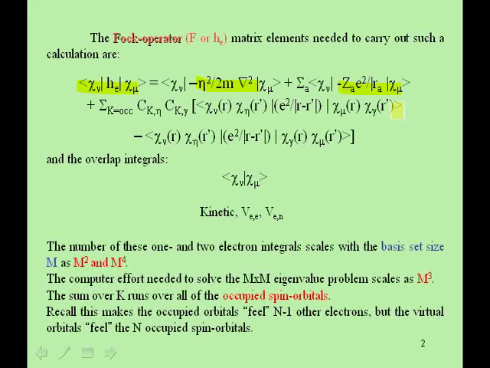And then you have these terms that arise from the Coulomb and exchange integrals. They're a little bit complicated, so I want to talk a little bit more about them. In them, you can see there's a chi nu and a chi mu, but there's also this chi eta and chi gamma. Where the heck did they come from?